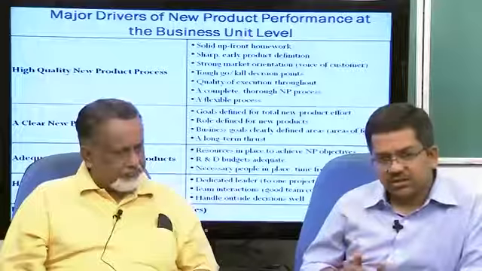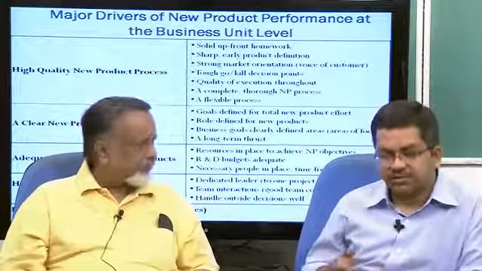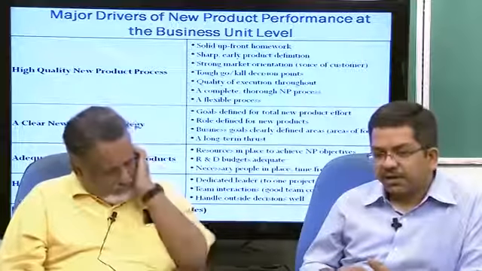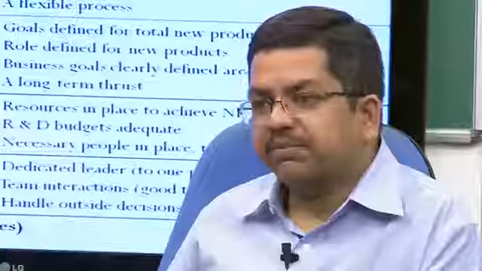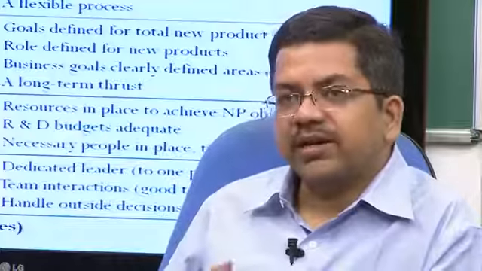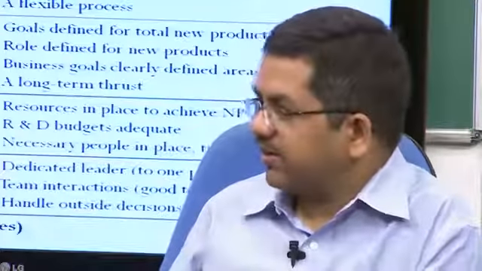The last thing which is said to be critical to new product performance at the business unit level is the quality of the project teams. At the end of the day, it is the people who matter, and the new product development process is a cross-functional activity. So, what kind of people-related resources you allocate to a project is very critical.